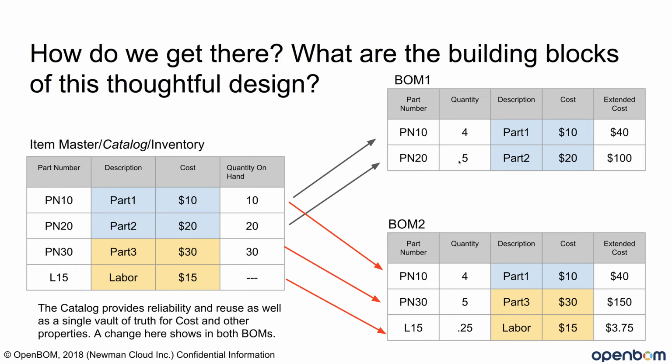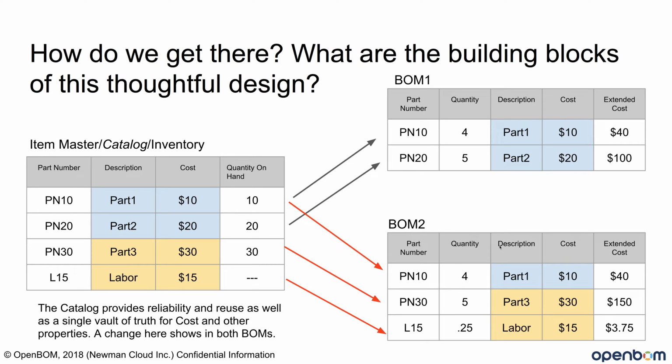There's 4 of them in the particular BOM, and I'm getting description and cost from the item master. And then I'm doing a calculation in my bill of material to say, with 4 of these, what's my cost? You can see there's pretty straight math, 4 times 10, our extended cost is 40. So the information about the part is stored in the item master. The information about the usage is stored in the BOM.